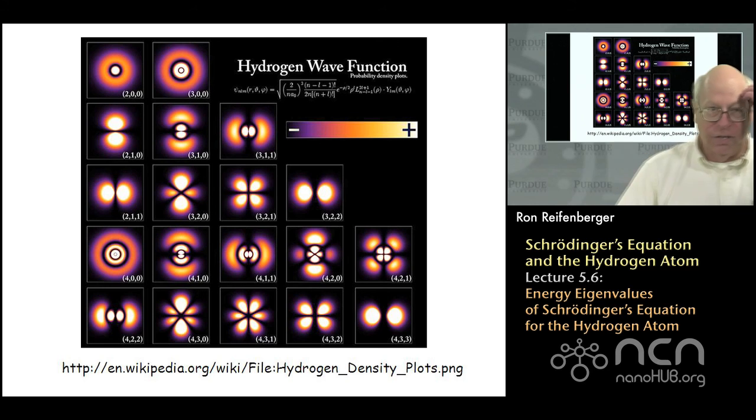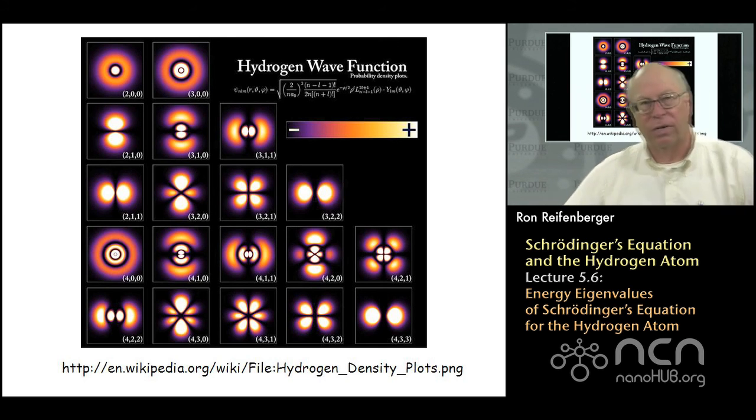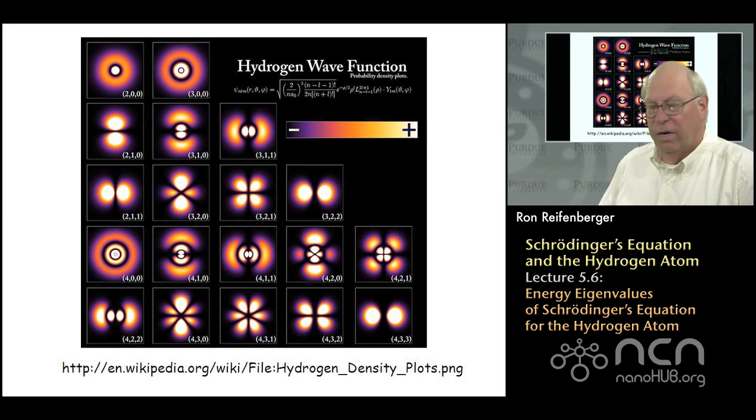What I will say is, in the next set of lectures, we're going to investigate what these plots actually represent. We'll do some detailed calculations. We'll start to work out some specific problems using these wave functions, and try to convince you that once you know the wave functions, you know everything you need to know about the electron in the hydrogen atom.